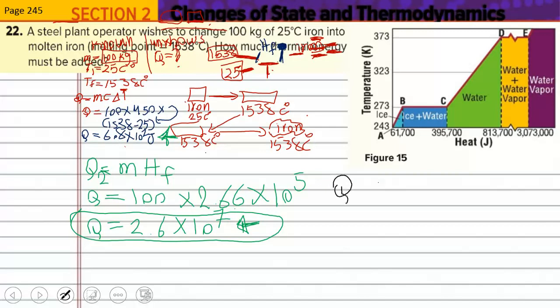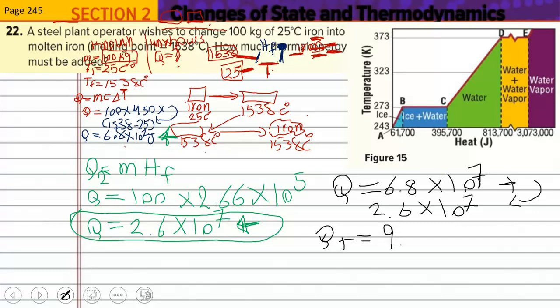So Q total would equal 6.8 multiplied by 10 raised to 7 plus 2.6 multiplied by 10 raised to 7, and the total answer would be 9.4 multiplied by 10 raised to 7 joules.